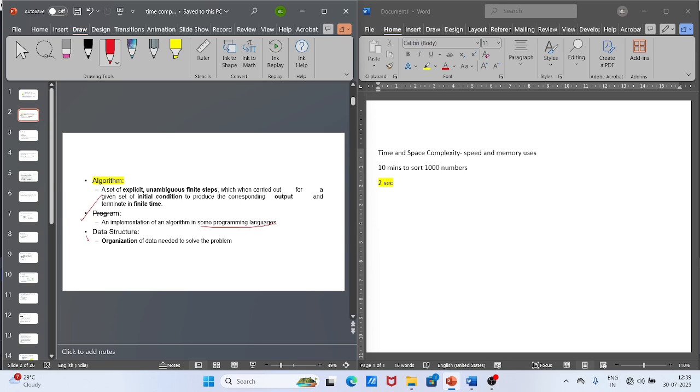Now come to the data structure. This is how we organize and store data in a computer so we can access and modify it efficiently, efficient on the basis of time and space.